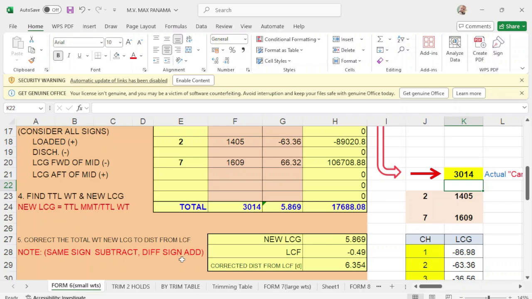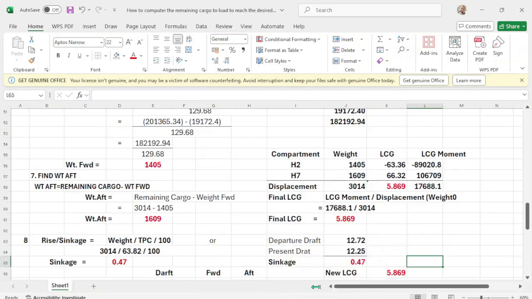They have different name, then you add. So you add LCG and LCF, that will be 6.354. And I got here 6.54. That will be LCG.